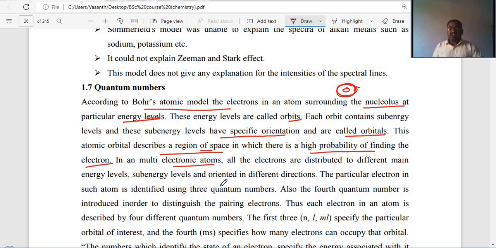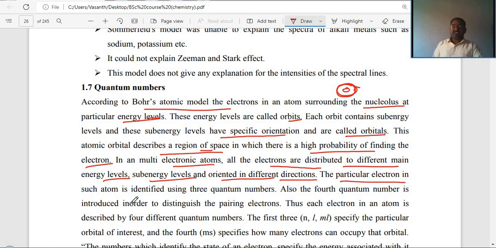In multi-electron atoms, meaning atoms with more than one electron, all the electrons are distributed to different main energy levels, sub-energy levels, and oriented in different directions.